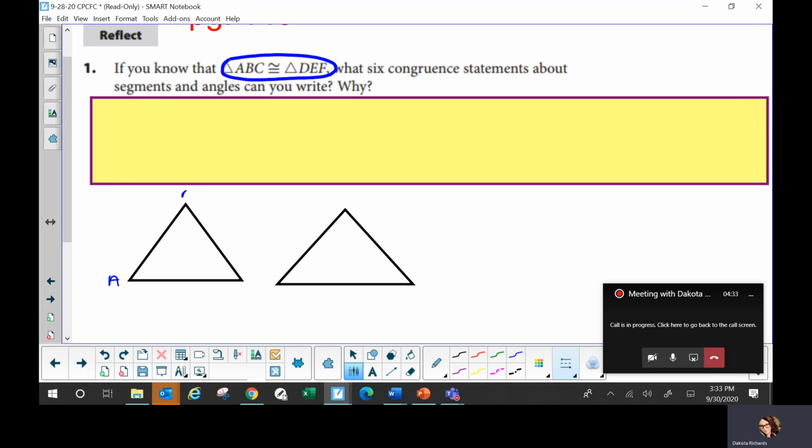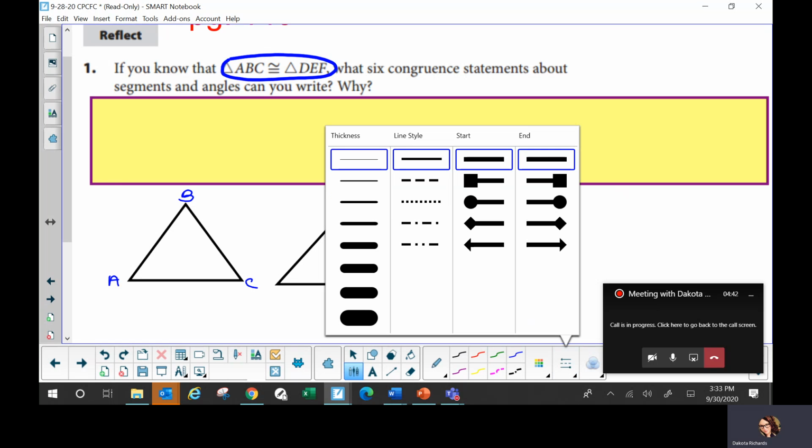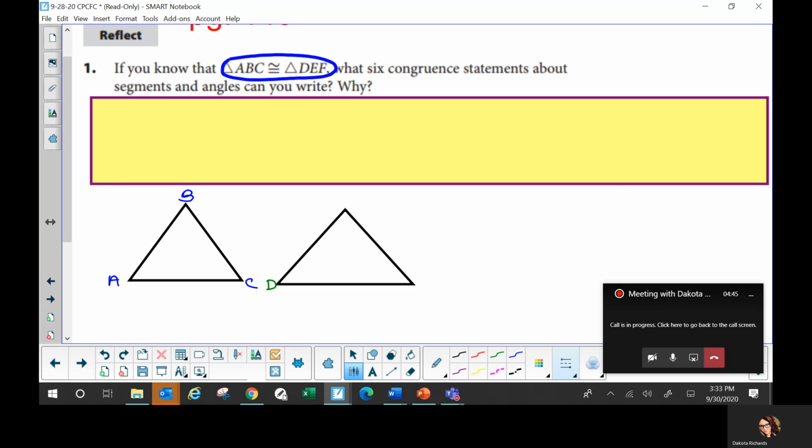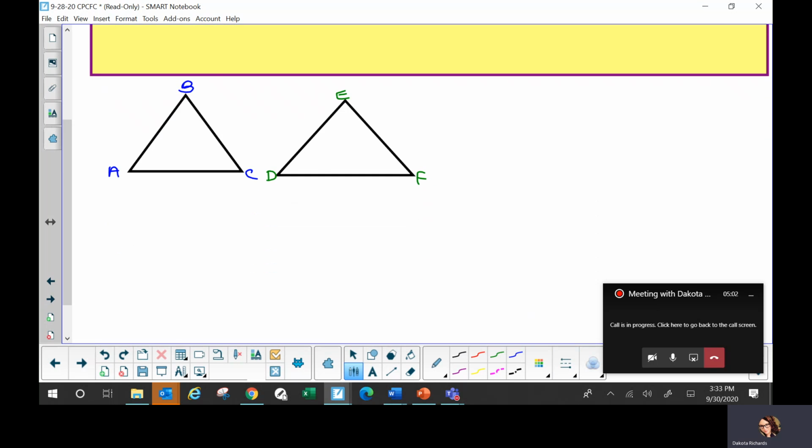So let's label those vertexes A, B, C. And the next one is DEF. Okay, so basically you have to come up with 3 congruent sides and 3 congruent angles. Okay, so again, ABC, I'm going to use the same colors I used. Hold on. We have triangle ABC, and then you have triangle DEF.